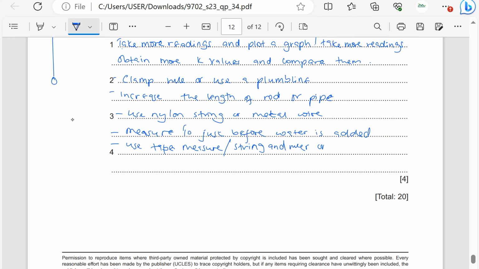Or you could make L the distance between the holes instead.